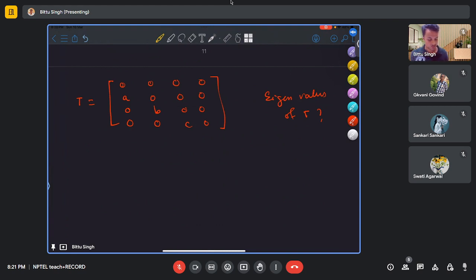You can easily see that this is a lower triangular matrix, right? For lower triangular matrices, eigenvalues are the diagonal entries. So the only eigenvalue is 0 here, because all the diagonal entries are 0, right?